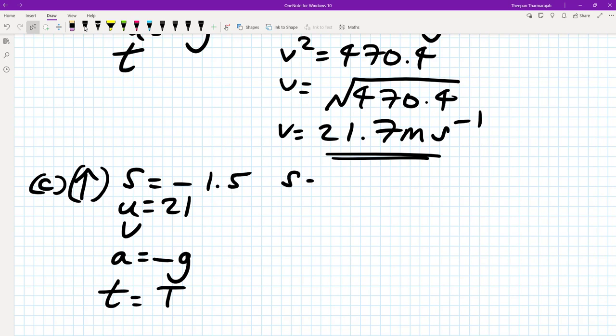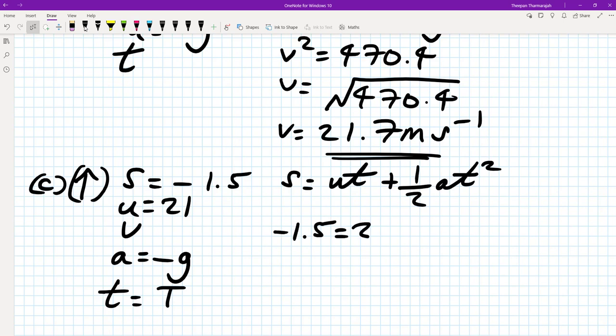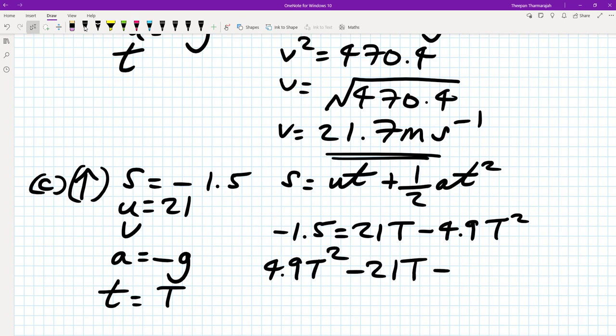So we're going to do S equals UT plus a half AT squared. So that gives me minus 1.5 equals 21T minus 4.9T squared. So bring everything on one side, I'm going to get 4.9T squared minus 21T minus 1.5 equals 0.